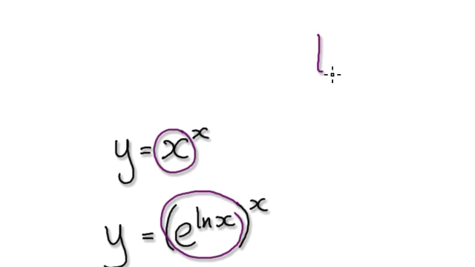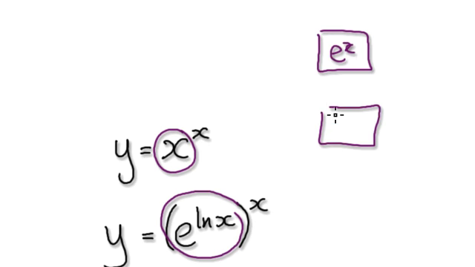Because if you think about it, remember our imaginary machine, where you have e to the power of x, and then you've got the inverse machine, which is the natural log of x. Now, if you put any number in here, let's say you put x into here, then you're going to get something out.